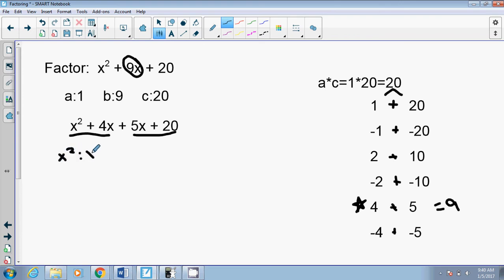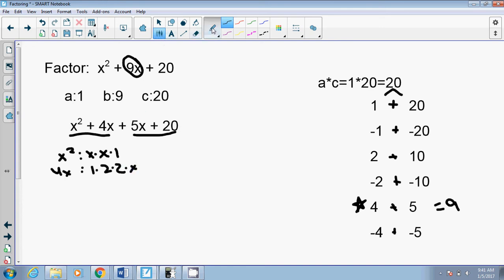X squared is x times x. Again, technically there's a 1 there. I should put it in. And then 4x is 1 times 2 times 2 times x.